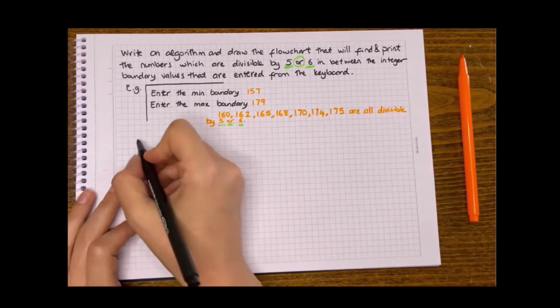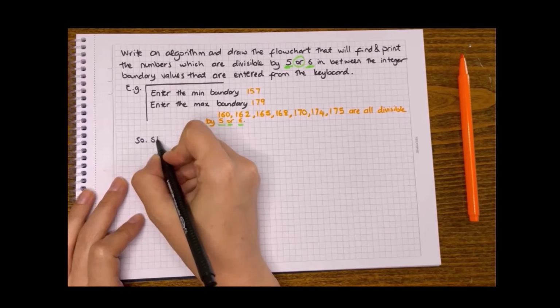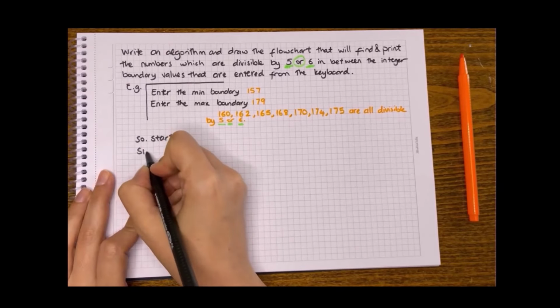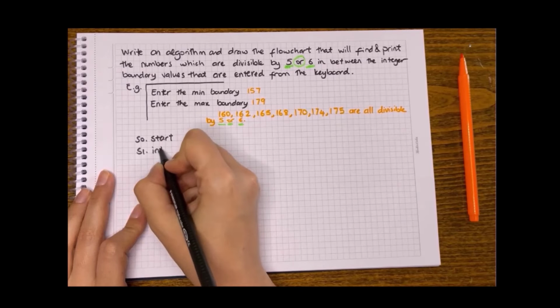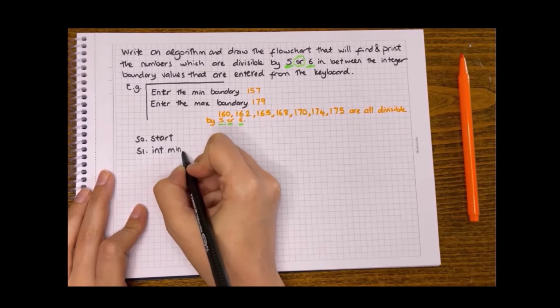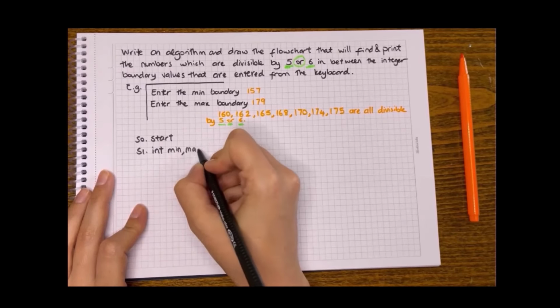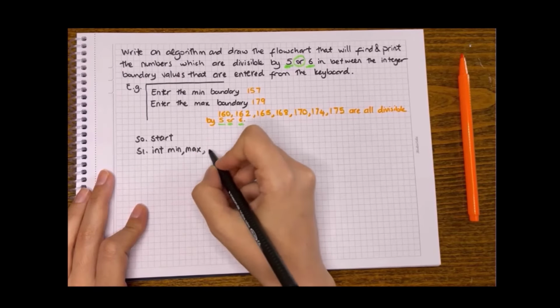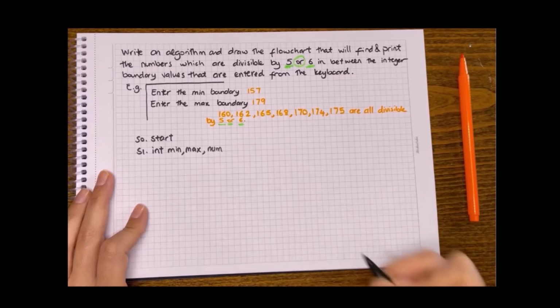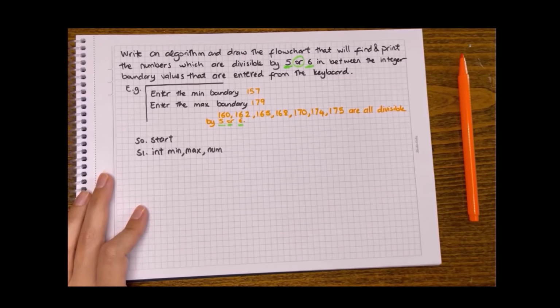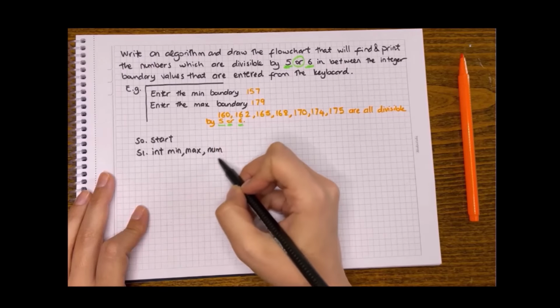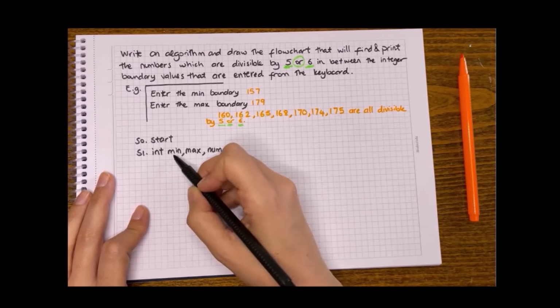So definitely we are going to start with step number 0, and in step number 1 we need to declare integer minimum boundary and integer maximum boundary, and all the numbers in between minimum and maximum can be considered as number. Minimum number, maximum number, and all the numbers in between.